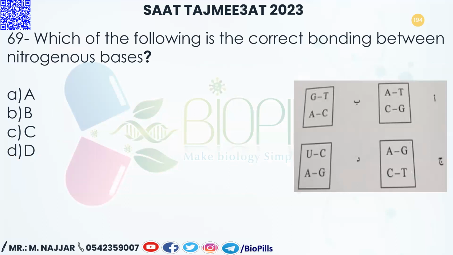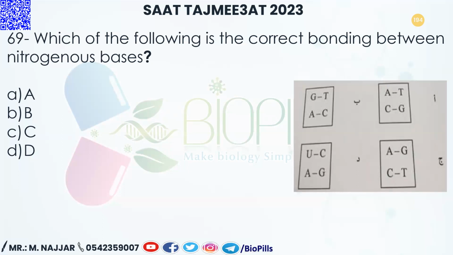Which of the following is the correct bonding between nitrogenous bases? According to Chargaff's pairing rule, all of them are incorrect except one. Yes, exactly, Jana, you are right. It's the only available and correct answer: adenine with thymine, guanine with cytosine.